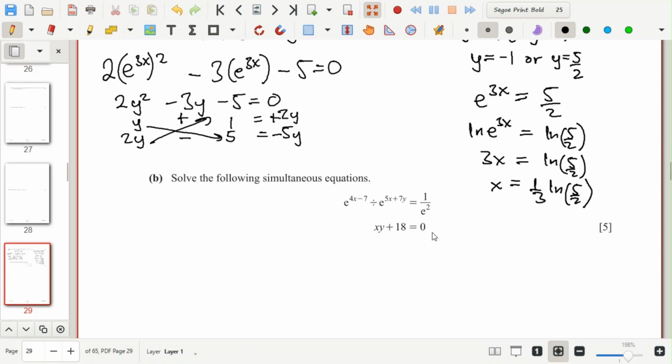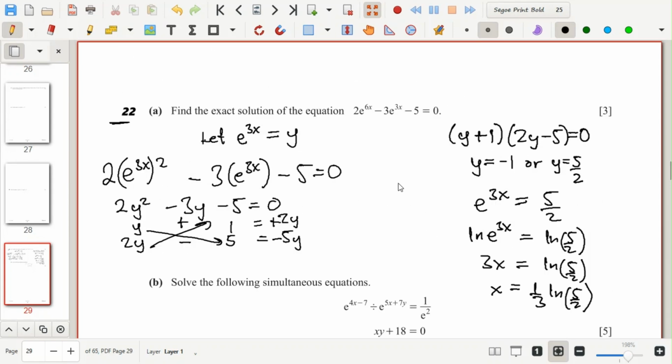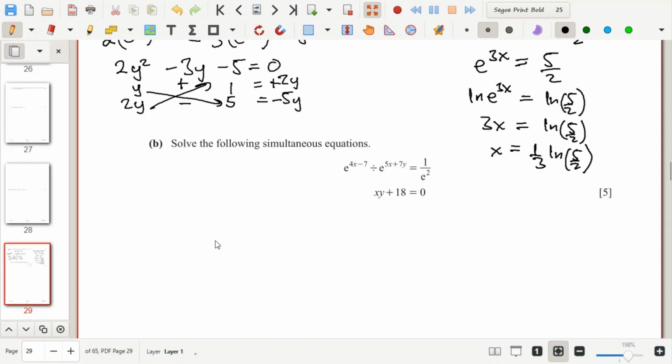Okay, how about this? Now you should be in a good position to solve this question for 5 marks. Okay, a to the power 4x minus this. Now since they are dividing, you subtract the power. I put in a bracket because it's an expression, so I don't miss out anything.